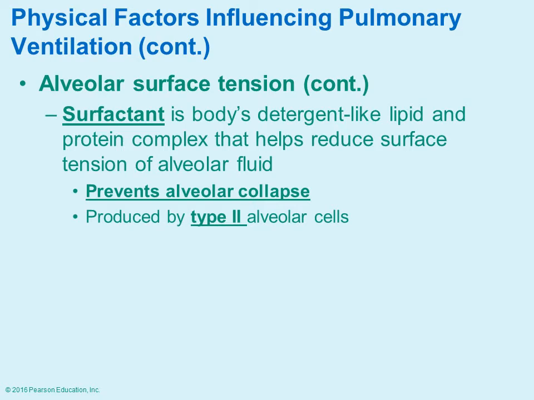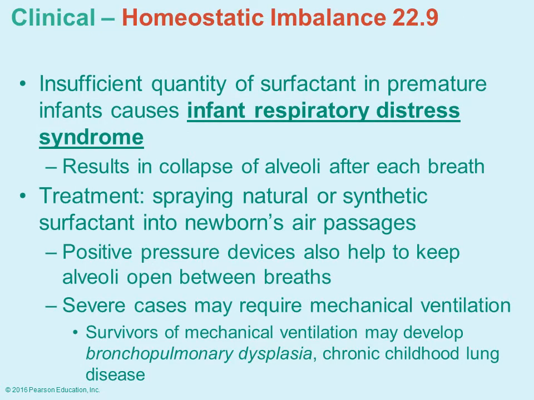So to counteract this, the body makes a surfactant. It's kind of a lipid, waxy protein complex, and it helps to reduce the surface tension. Therefore, it prevents the alveoli from collapsing.